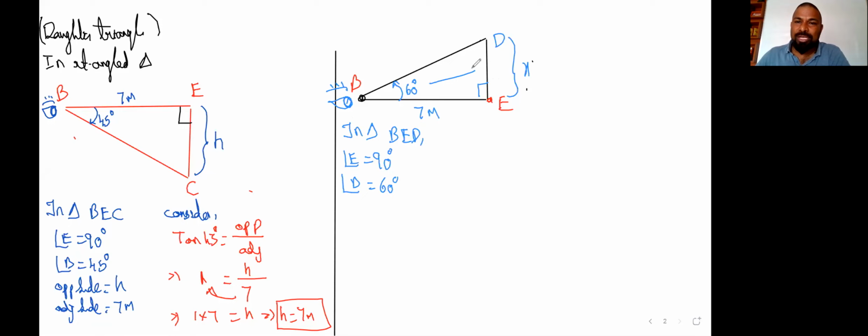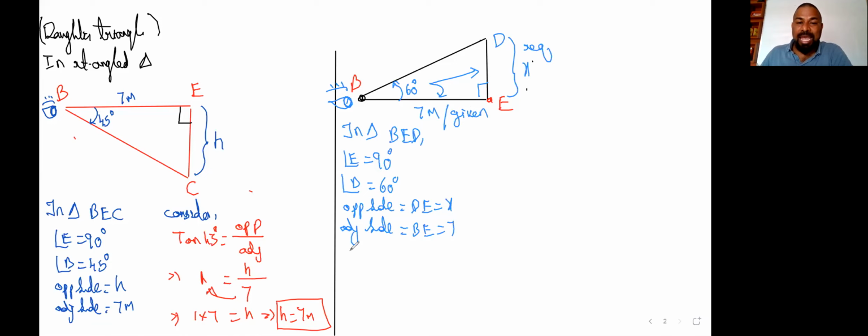Now, if you check it out, this is the opposite side to the 60 degrees. The opposite side is DE, which is nothing but X. Remember, this is required and this is given. The adjacent side is BE, which is nothing but 7. What is the trigonometric ratio connecting opposite and adjacent?